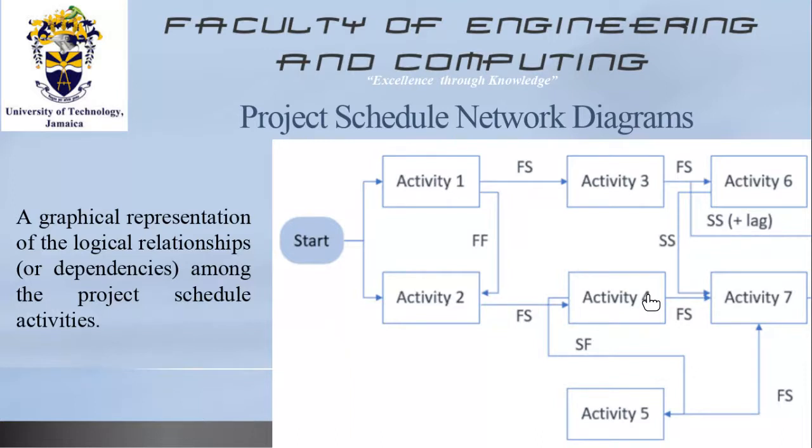Let's look at activity 4. It cannot start until activity 2 is finished. And activity 2 cannot be finished until activity 1 is finished. So we're looking at relationships here. Now there's a relationship between activity 4 and activity 5.